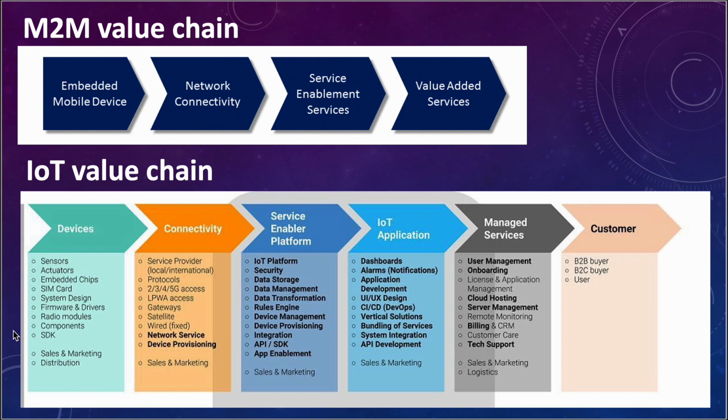If you are to start a new business, a new startup, or if you are to go to work in the IoT sector or the engineering sector or service providing sector, you may come across this particular set of value chains, right?